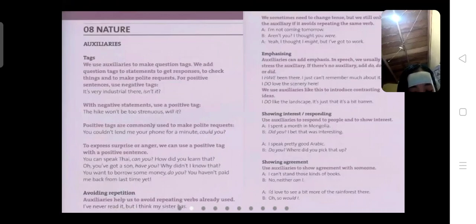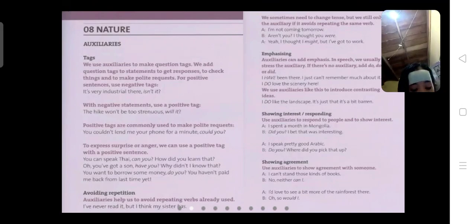In speech, we usually stress the auxiliary. If there is no auxiliary, add do, does, or did. I have been there. I just can't remember much about it. I do love the scenery here.